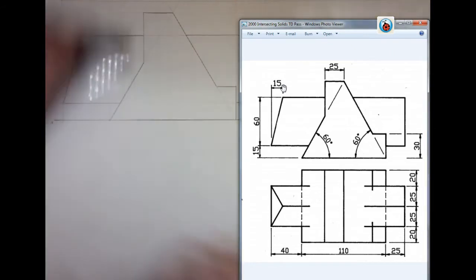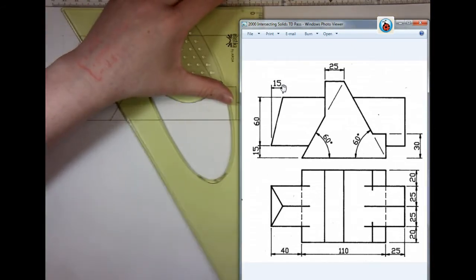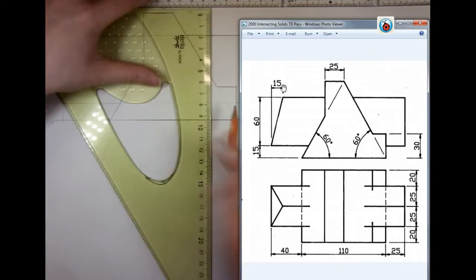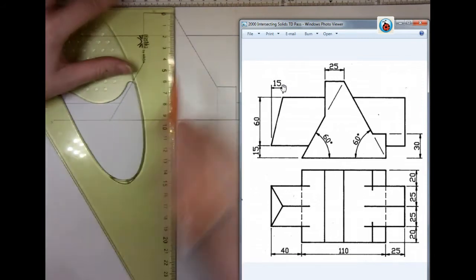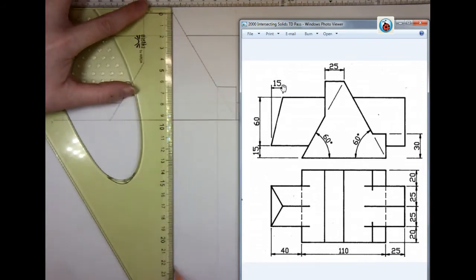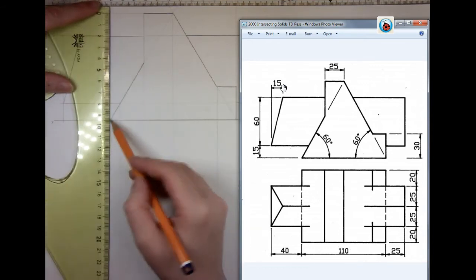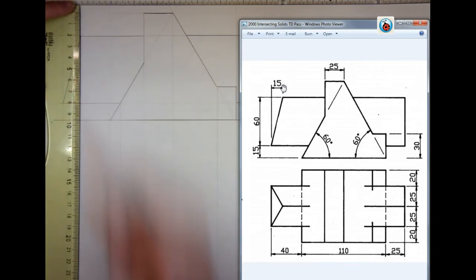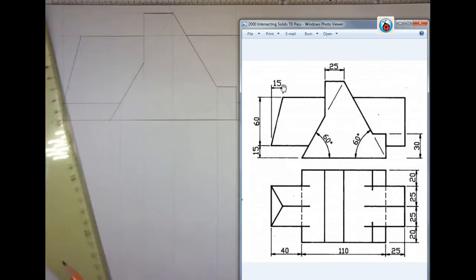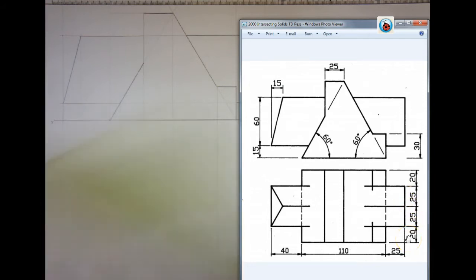Now we're going to bring all our points down to our plan to project them down. My distances in my plan are 20, 25, 25 and 20.